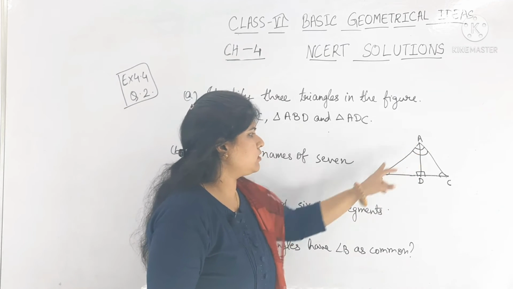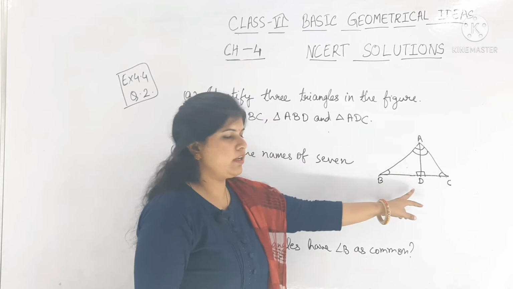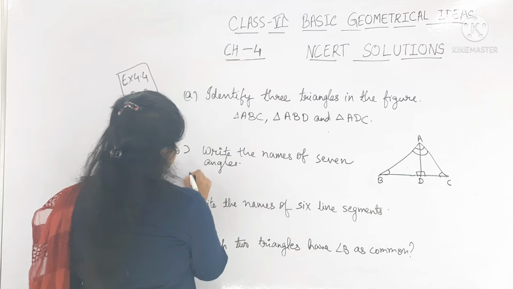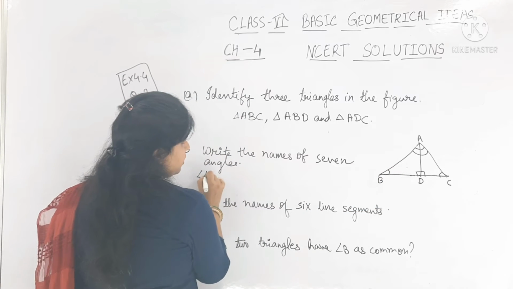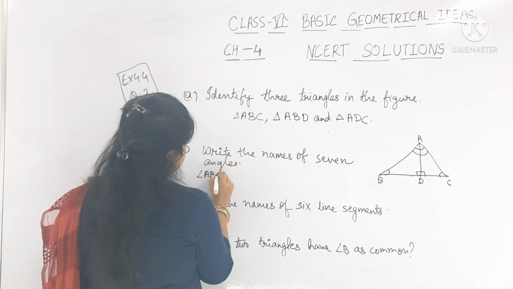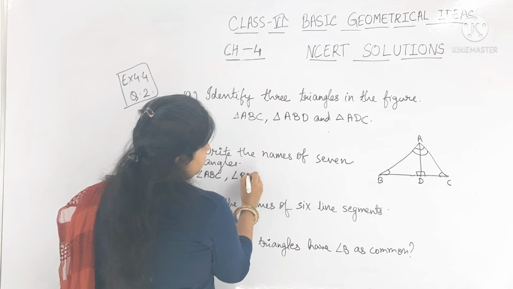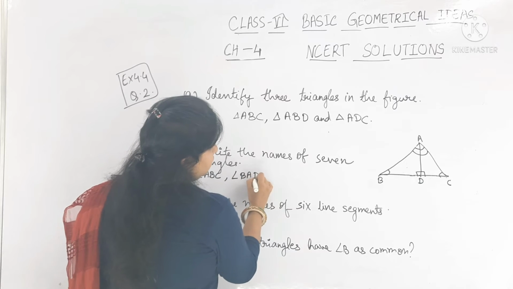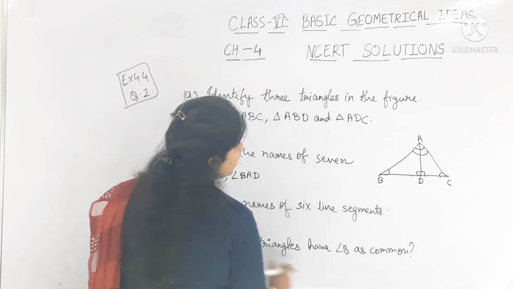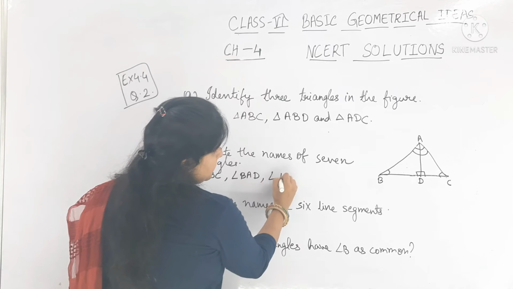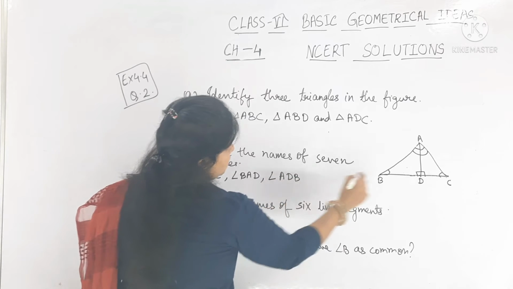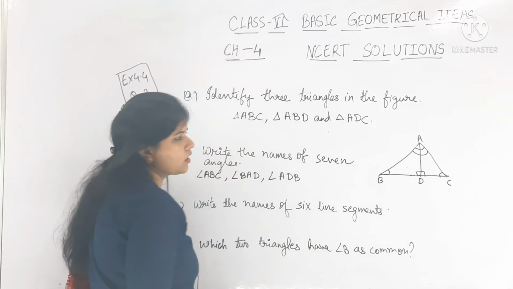So first I will start with angle ABD, angle ABC, angle BAD, this is BAD, angle ADB, this is ADB, right?